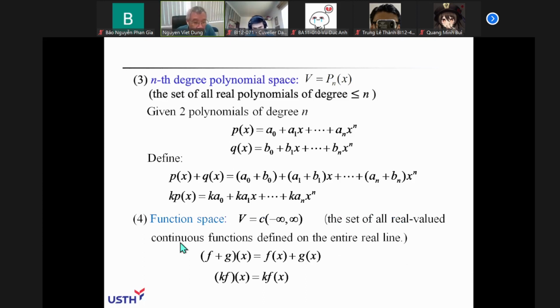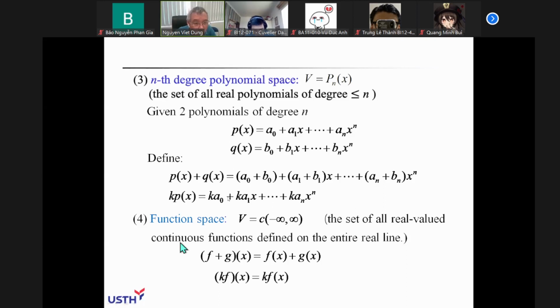The next example is again a function space. V will be the set of all continuous functions defined on the entire real line, with the operations we define here, and I leave it for you to verify by yourself.